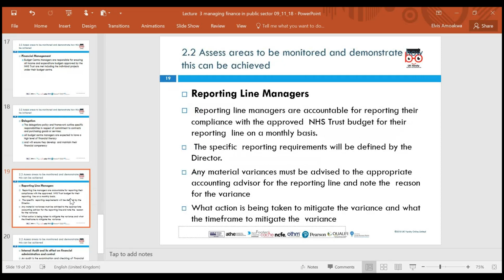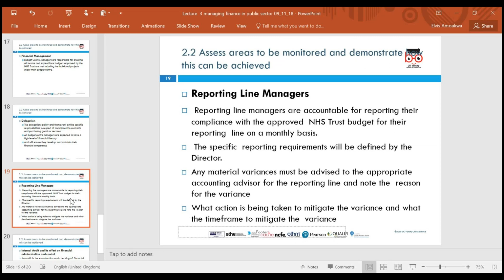Reporting line managers are accountable for reporting their compliance with the approved NHS trust budget for their reporting line on a monthly basis. So all line managers will need to make sure that they comply and that they are accountable on a monthly basis.